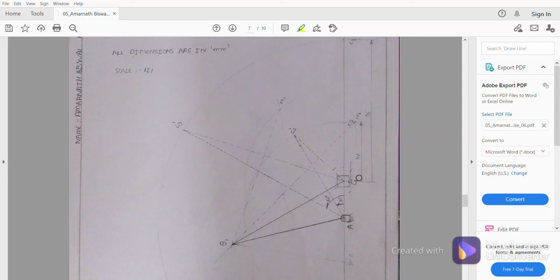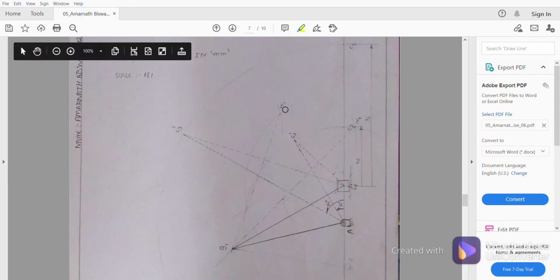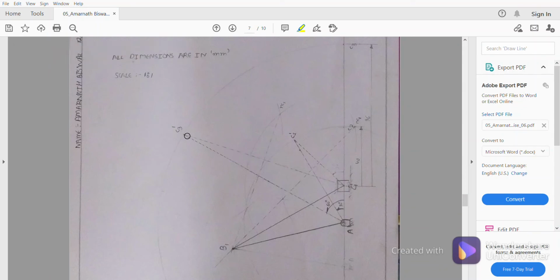We rotated AC2 up to C2 dash by 30 degrees and AC3 by 60 degrees, and we joined AC3 dash, A and AC2 dash here. As we have taken C1 as reference, we will join this and this.